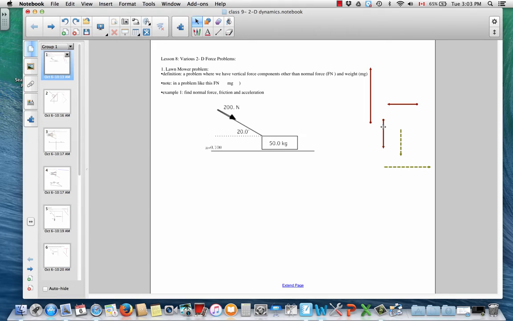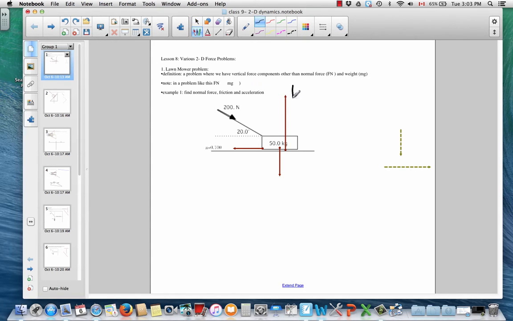All right, so we start with the force diagram. Well, it's 50 kilograms, so obviously there's going to be weight here acting downwards. There'll be a normal force pushing upwards from the ground. So the earth pulls down, the ground pushes up. We have an applied force here pushing along the handle. And then because the ground is rough, we also have friction. So let's just label those.